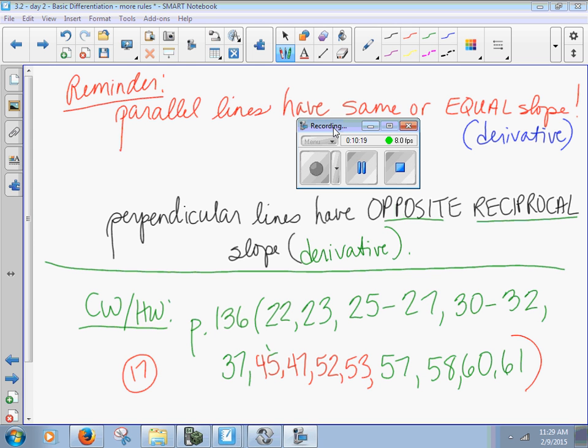Here's what I want you to look at. Number 45.